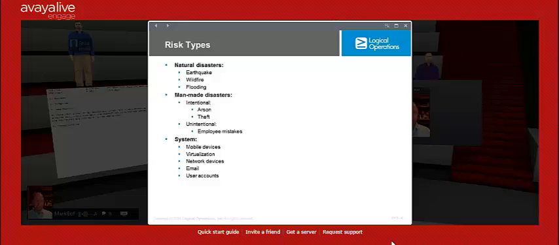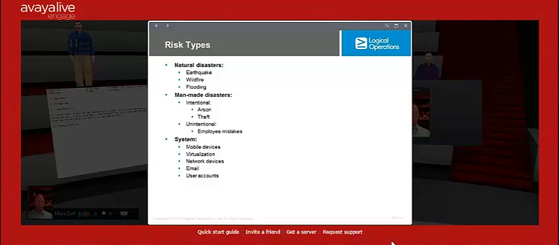Then you've got system-related risk factors as well. Now, they've sort of broken out man-made from system things. You've got mobile devices. They carry certain levels of risk due to their portability and how easy it is to maybe steal them.